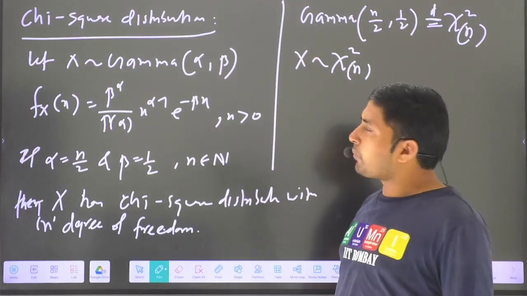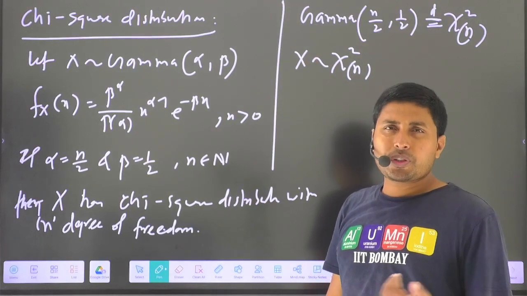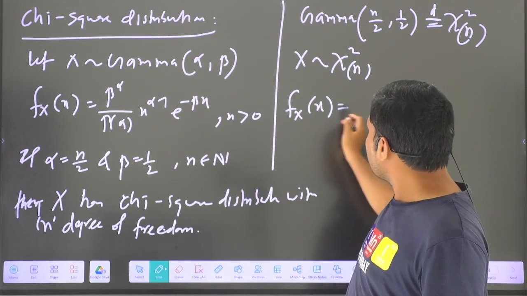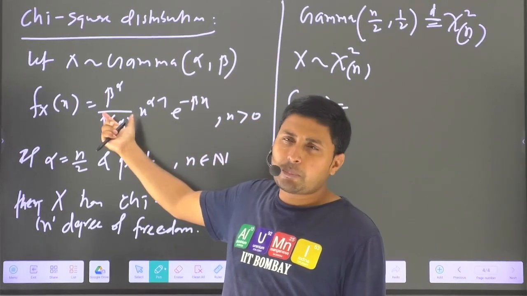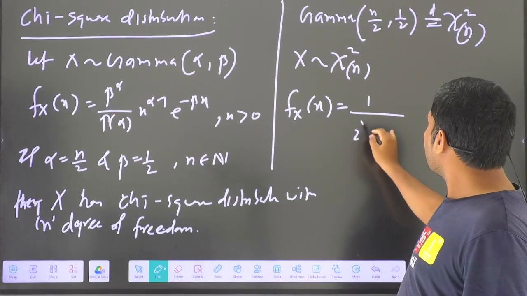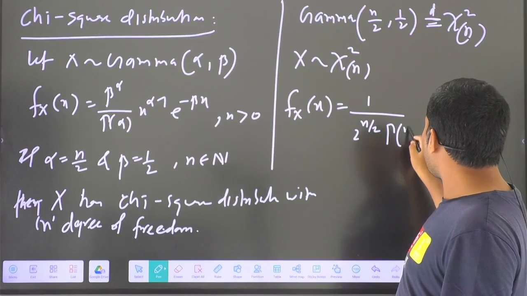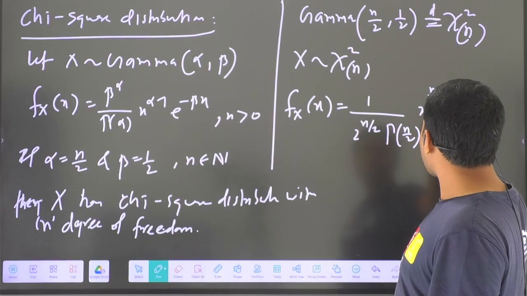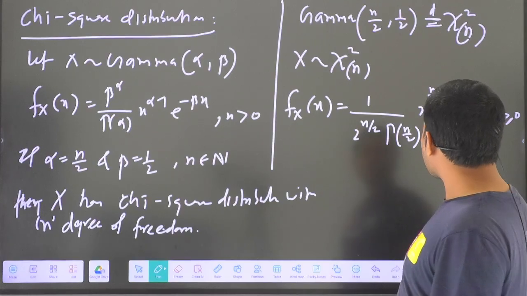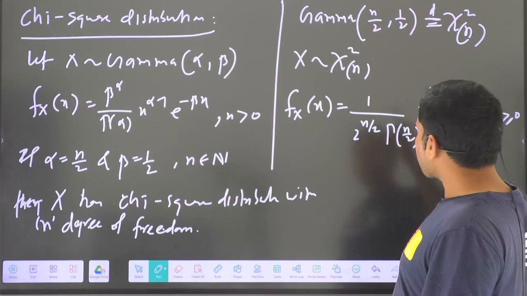Let x be a random variable with chi-square distribution with n degree of freedom. Then for the PDF of x, you just replace alpha by n by 2 and beta by 1 by 2, so you will have 1 upon 2 raised to power n by 2 gamma of n by 2, x raised to power n by 2 minus 1, e raised to power minus x by 2, with support x more than or equal to 0.